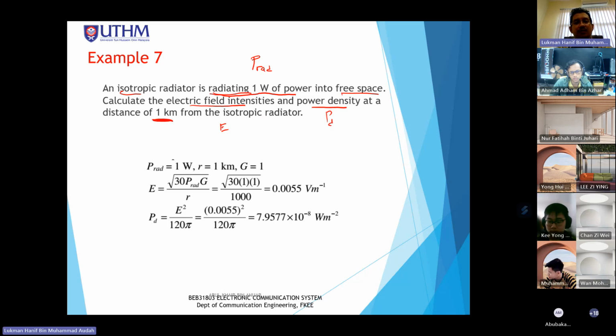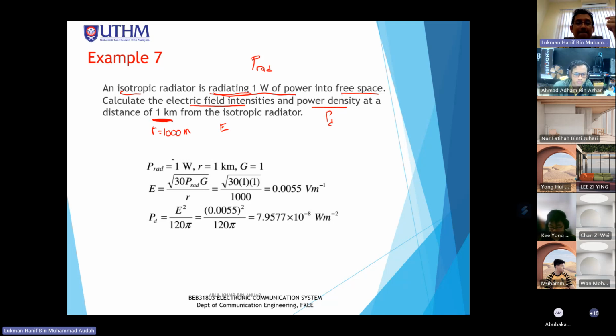Remember, class, when you are given this kind of question, you must convert kilometer into meter. That means R equal to 1000 meter. So you have to be careful about this. Remember, all the equations should use the standard unit.